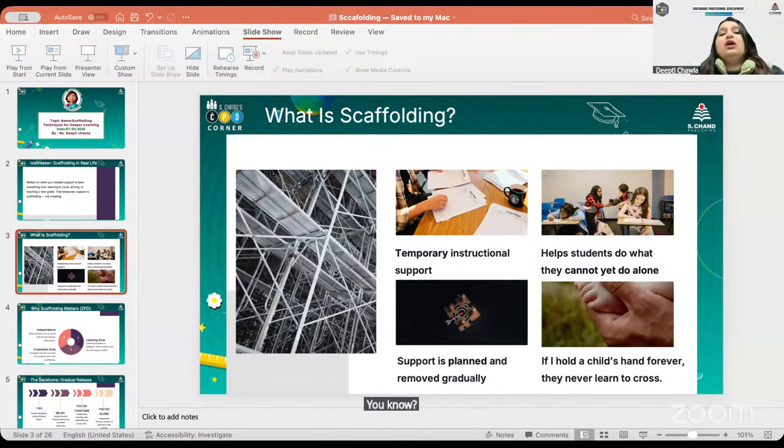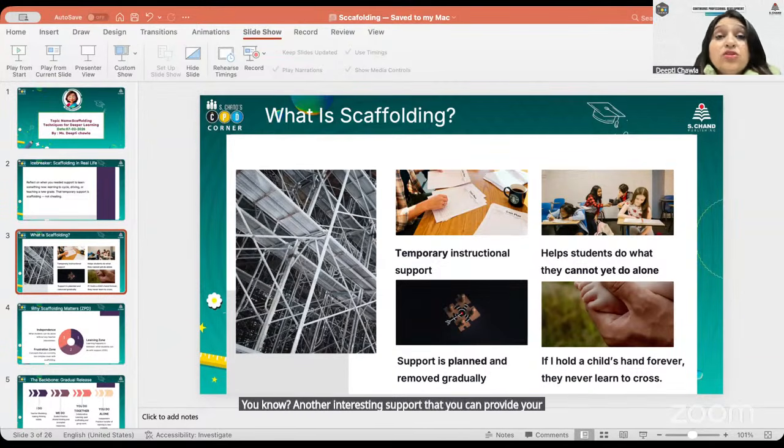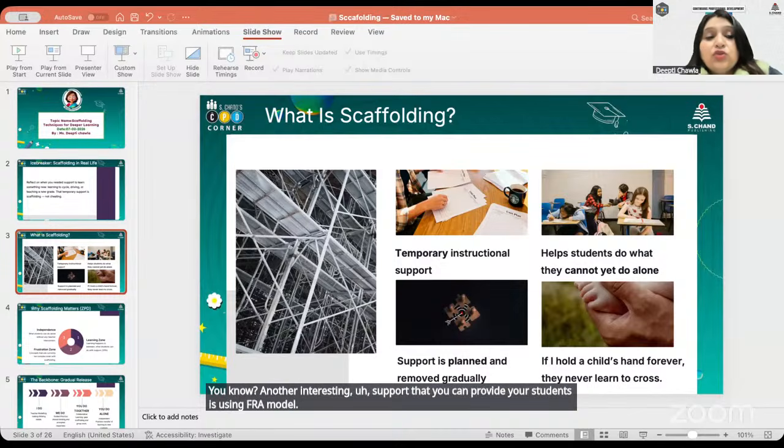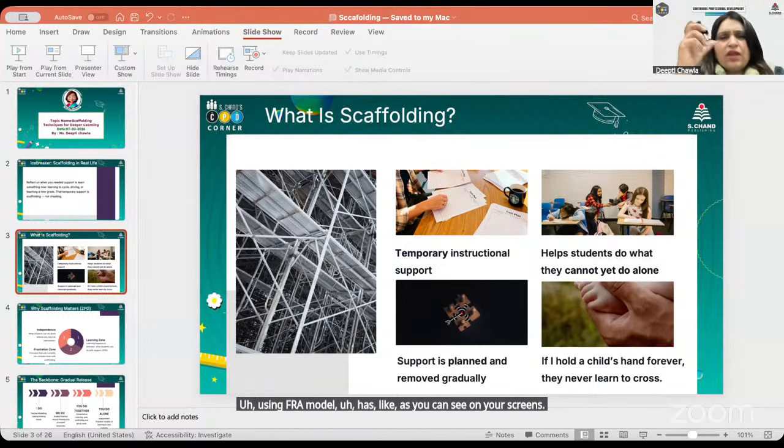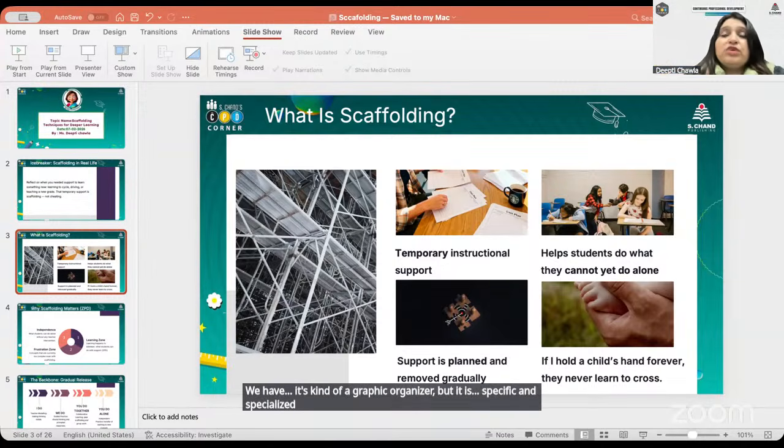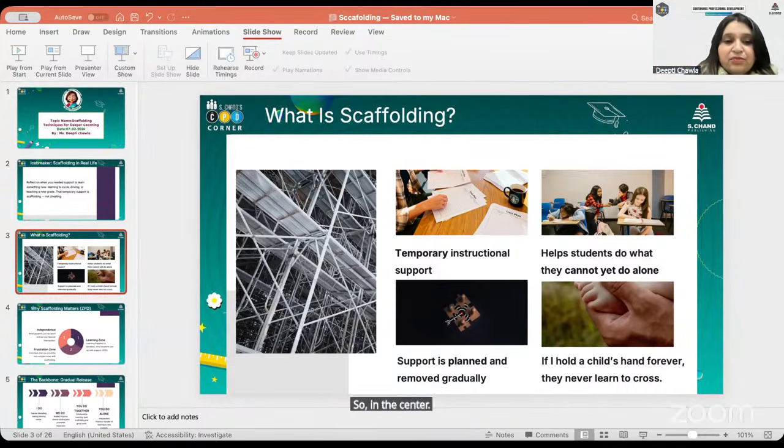Another interesting support that you can provide your students is using the Frayer model. As you can see on your screens, it's kind of a graphic organizer, but it is specific and specialized, and works very well with languages or social sciences or even sciences. So in the center comes the term, the word, and the teacher selects that word.